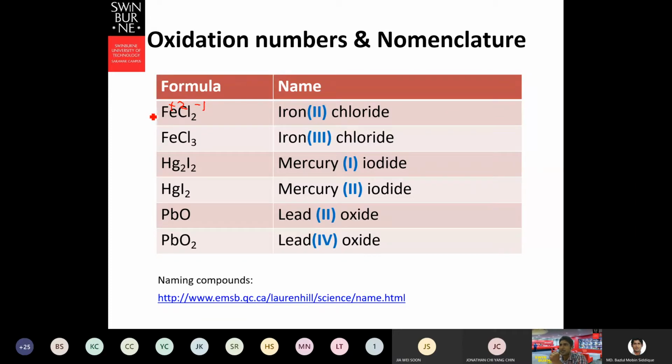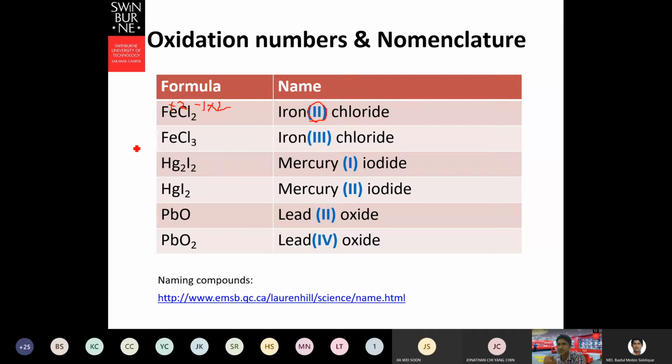Since there are 2 chlorides, the charge is neutralized by these 2, and that is how this compound is not carrying any charge, because the total charge has been neutralized. So that is why it is called iron 2 chloride.